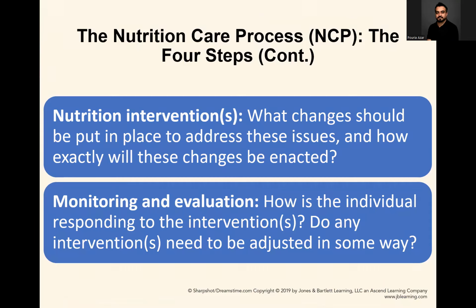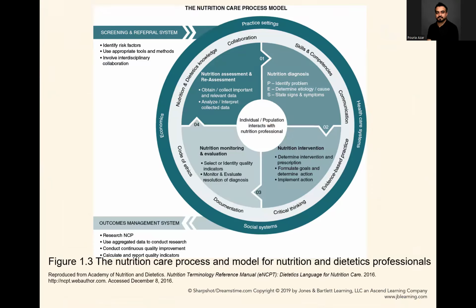In nutrition intervention, we are asking what changes should be put in place to address these issues. By nutrition intervention, we are trying to resolve the etiology of the nutrition diagnosis. And monitoring and evaluation is very similar to nutrition assessment, kind of a nutrition reassessment, but there are some differences, and we will see that.